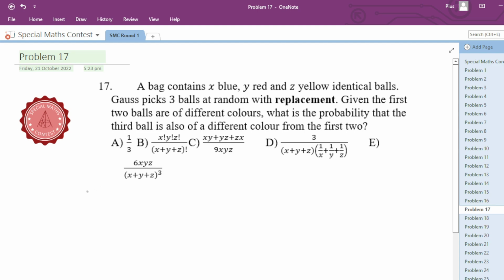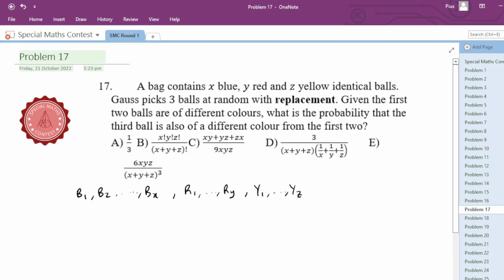For the X blue balls, we can label them B1, B2, all the way to BX, then R1 all the way to RY, and Y1 all the way to YZ. This way they are all individualized, so we can keep track of which ones we are picking and then tell which color they are.